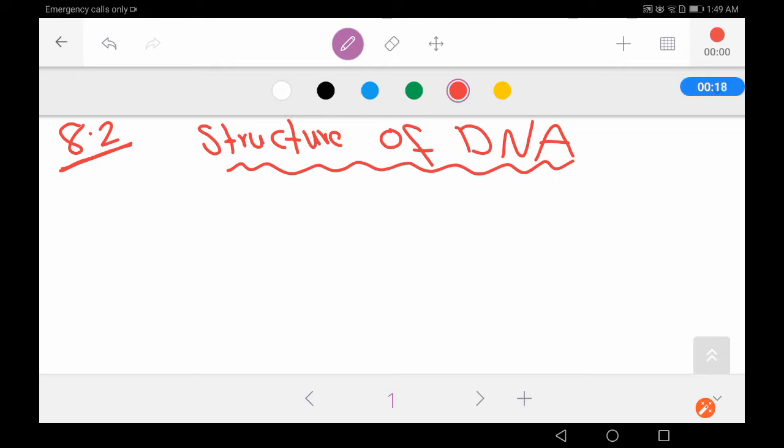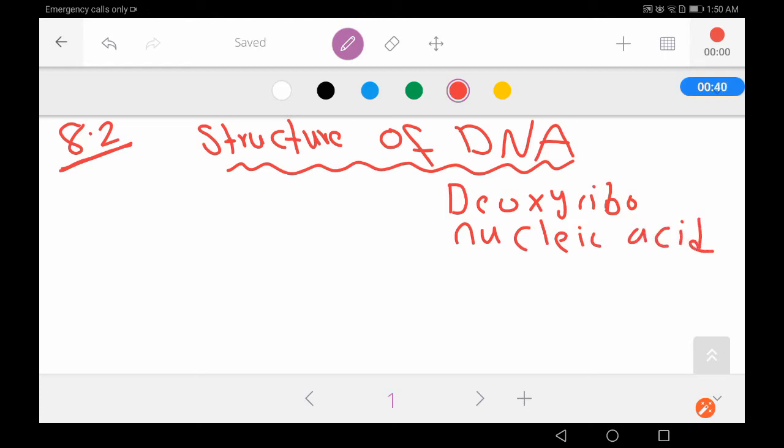DNA, we know that it's an abbreviation for deoxyribonucleic acid, okay, which is the genetic material. It stores all of the information of living organisms.